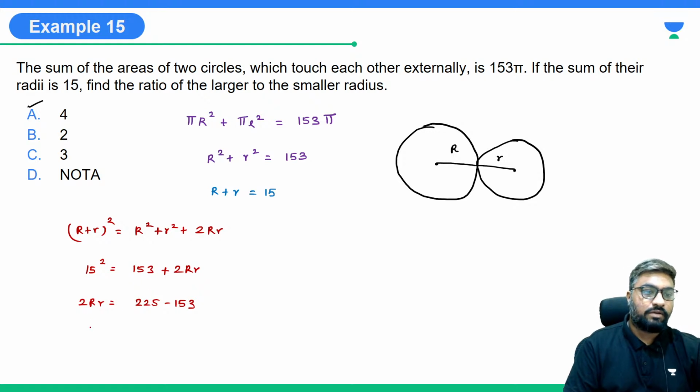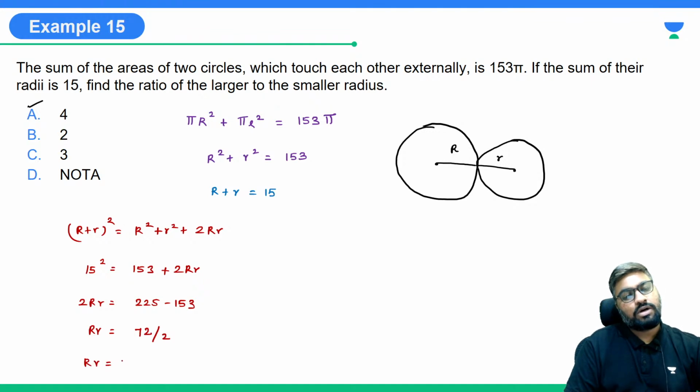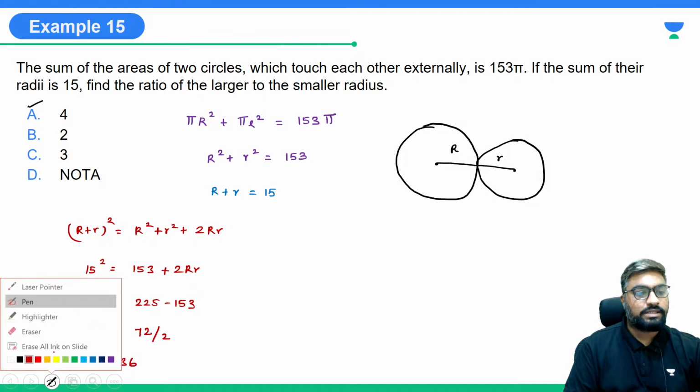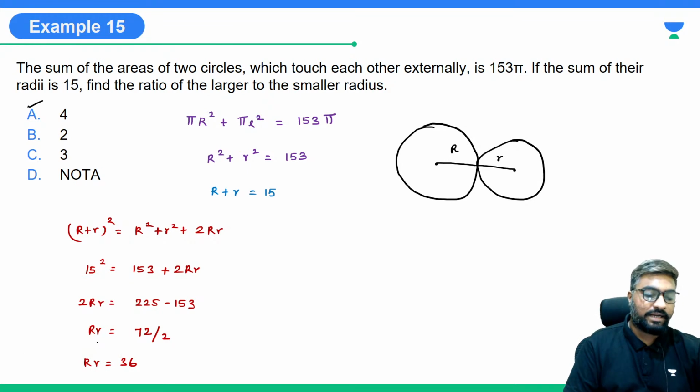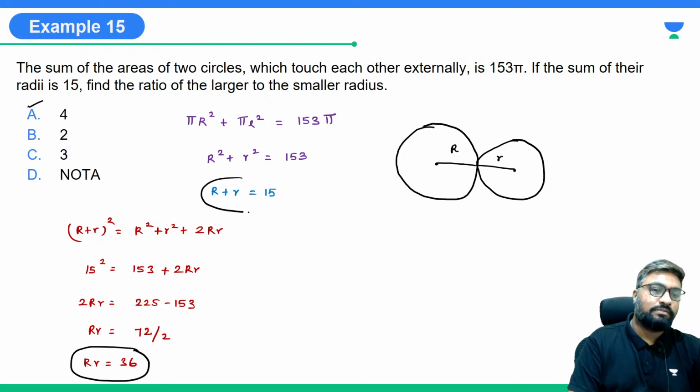Yes, so we will get what? 225 minus 153 is how much? 72 by 2, that is 36. So R into r must be 36. Now you have the factorization process left. Product of two terms is 36, sum of two terms is 15.